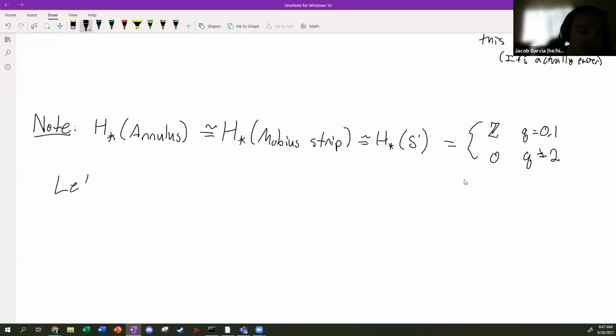So let C be the circle. We glue the Mobius strip to it.